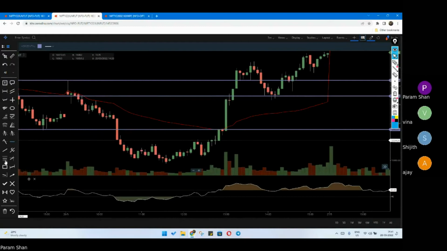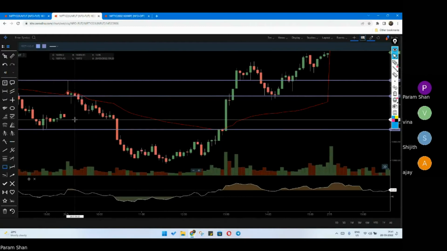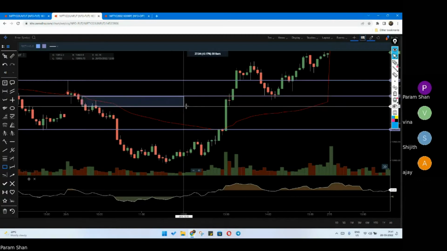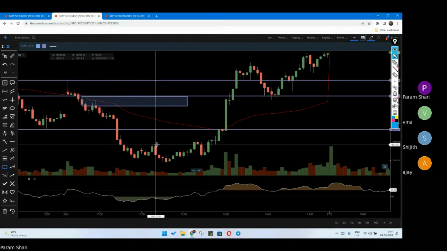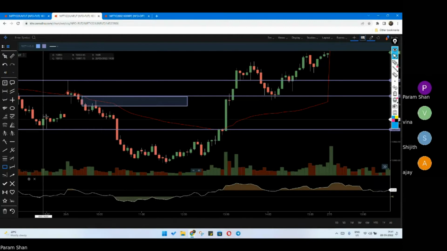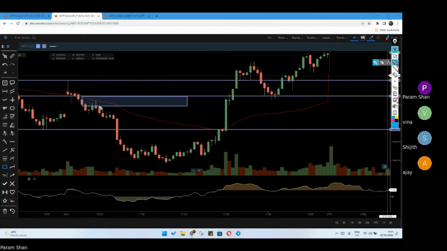So we will use our box model. The first volume candle is this. Breaking above, we would be entering on the buy side. Breaking below, we would be entering on the sell side, right? So now what has happened? We will try to look at our RSI. Here there is no buyer's volume, but the second candle again showed you a pullback kind of, right?